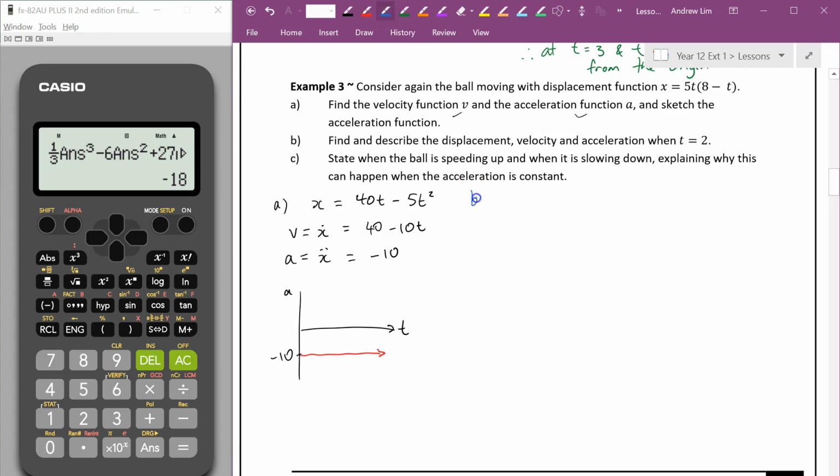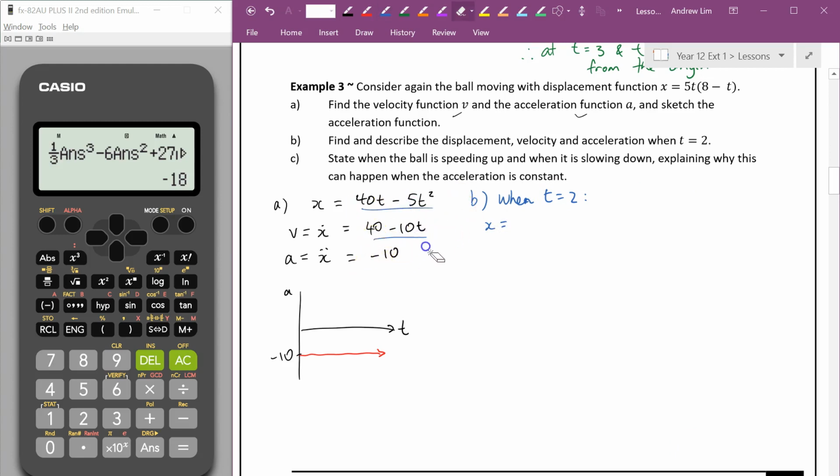Alright, question B. Find and describe the displacement, the velocity, and acceleration when t is equal to 2. So when t is equal to 2, I'm just going to sub it into this one, and then that one, and that one.